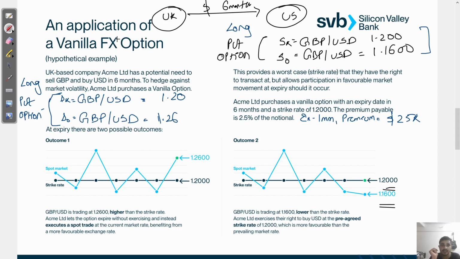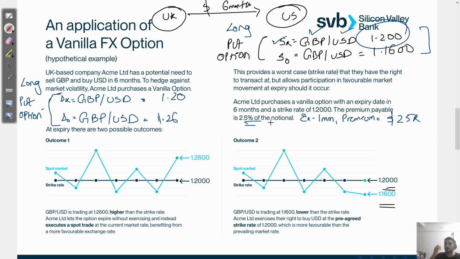So obviously the more favorable would be the strike. That's the reason why we will use our right to engage in this put option, and we will sell pounds to buy dollars at this rate, which is more favorable for us. And the premium payable would be 2.5% of the notional.